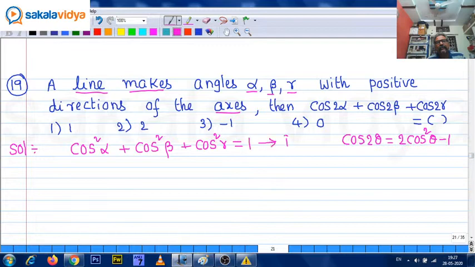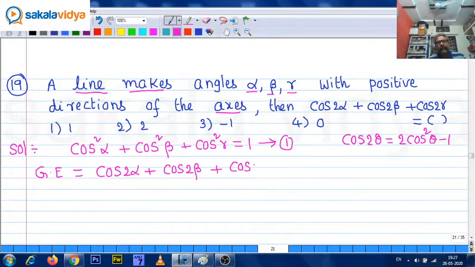Say this is equation 1. Now we need to find the value of the given expression, cos 2 alpha plus cos 2 beta plus cos 2 gamma. We write cos 2 alpha in terms of cos alpha, cos 2 beta in terms of cos beta, and cos 2 gamma in terms of cos gamma.